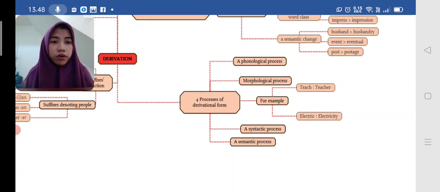For example, of these processes: teach becomes teacher.